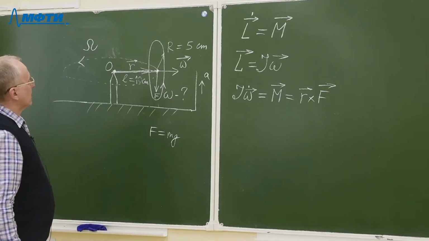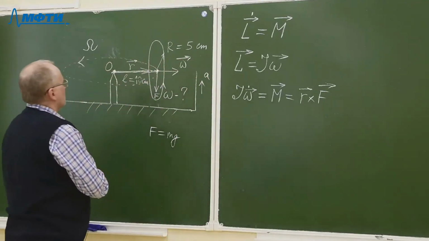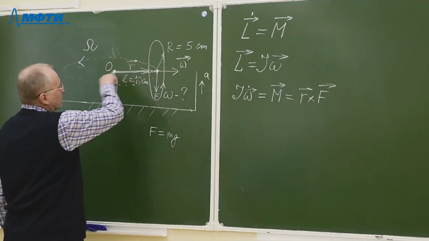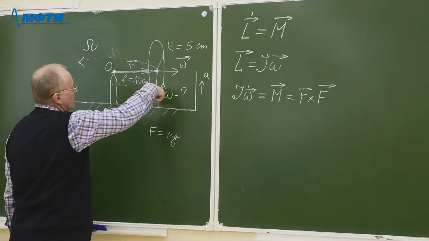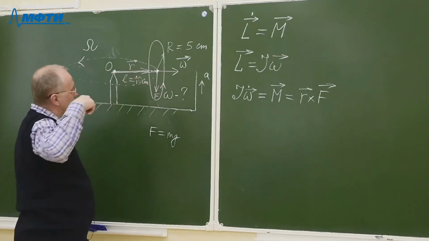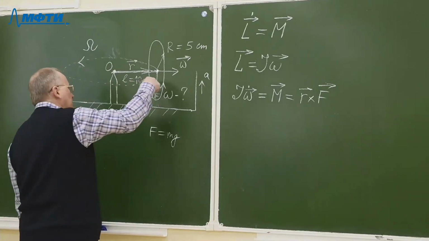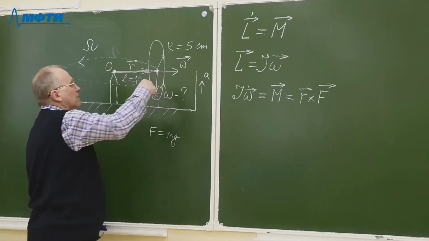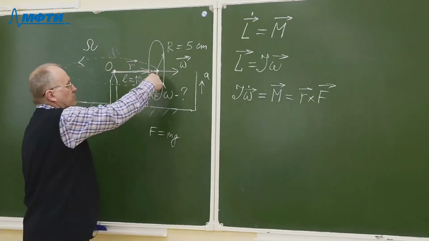So if we take the vector product r times f, using the rules for vector product, we will have to rotate vector r until it coincides with vector f, and this rotation will give you the motion of a screw, which will be displaced perpendicular to the blackboard.